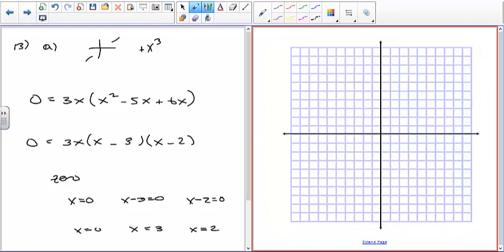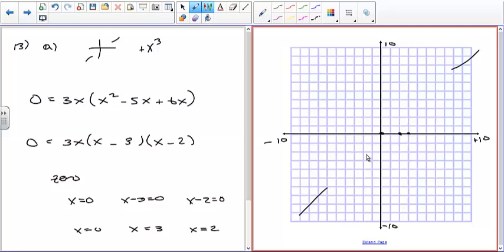We'll still use the same scale until we can't use it. So we know the end behavior is going to be like this, and we've got a zero at x equals 0, one at 2, one at 3.